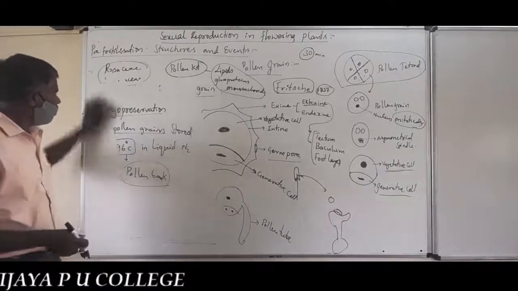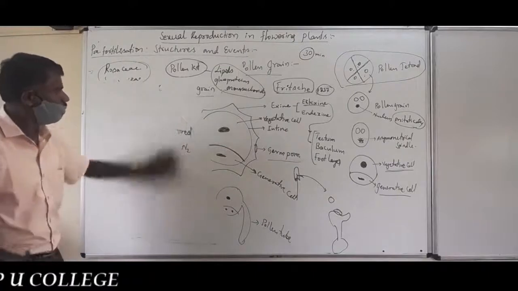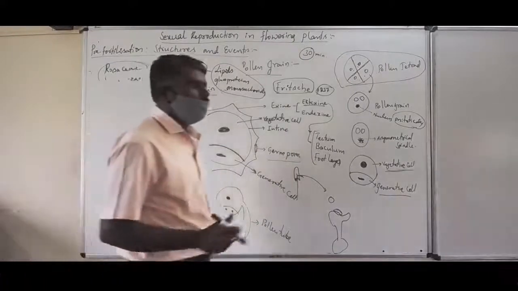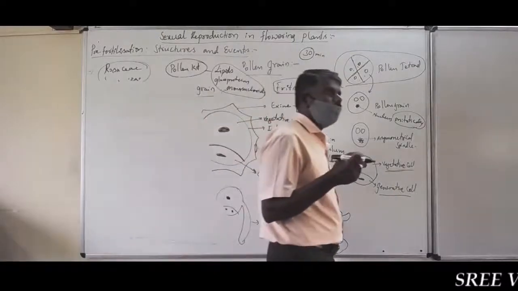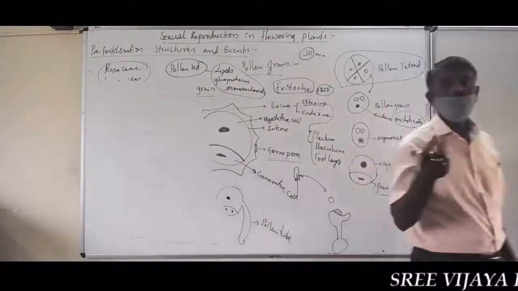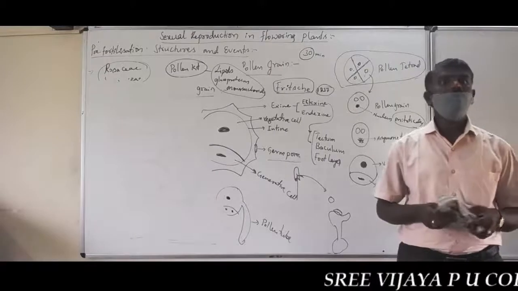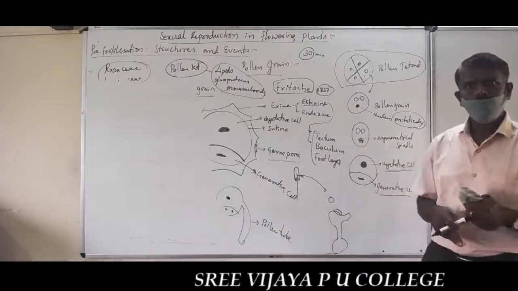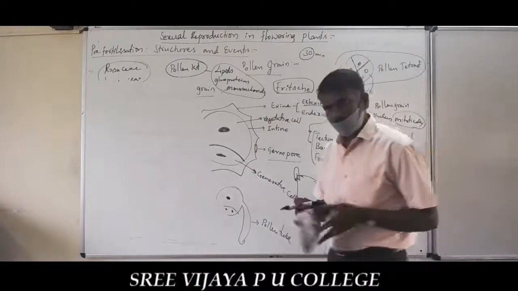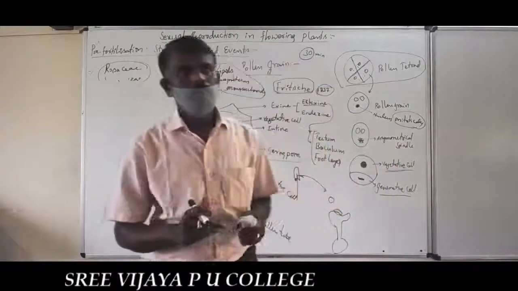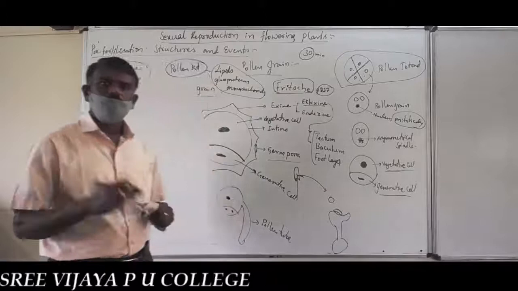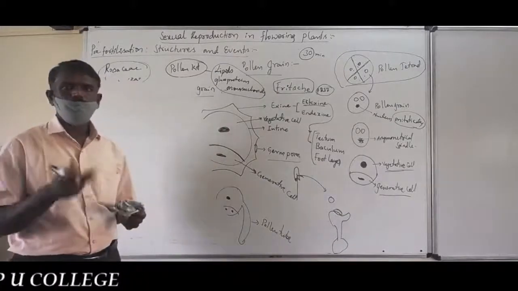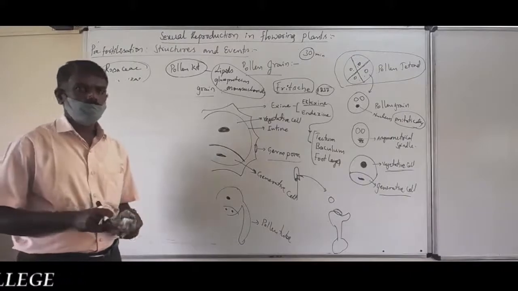These pollen grains are highly nutritious, consisting of glycoproteins and lipids, and because of this they are consumed as a food source.